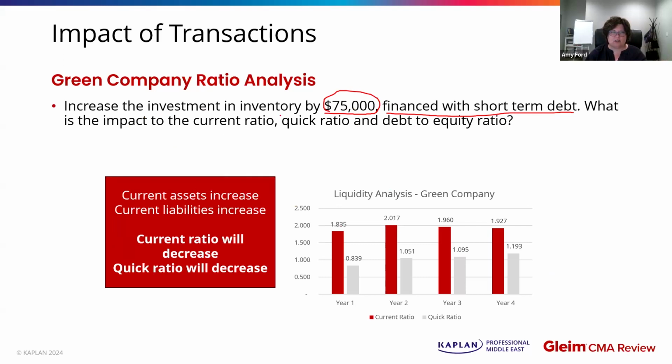Well, if we're increasing inventory, current assets will increase, but we're financing with short-term debt, so our current liabilities will also increase. So a CMA candidate needs to be able to use this information and make the calculation that the current ratio will decrease and the quick ratio will decrease. Okay, that's the type of exam question.